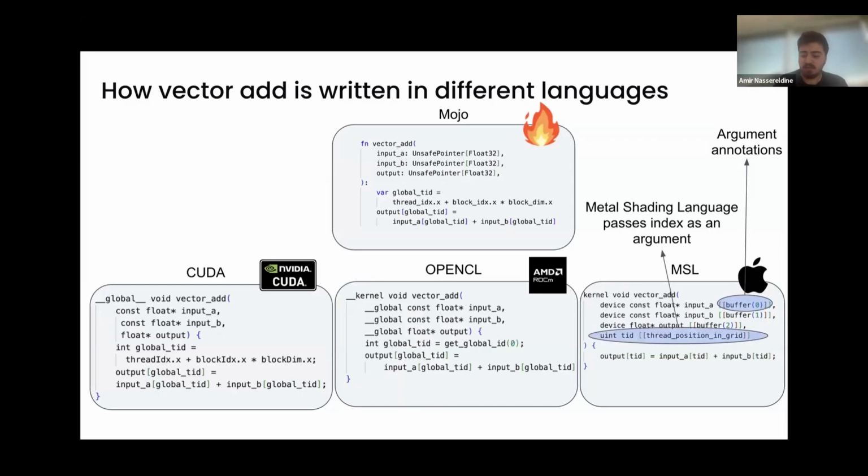And then, very differently from CUDA and OpenCL, we have to pass the thread index as part of the arguments to the function, rather than it being a global variable like in CUDA and OpenCL. So this is a shift in paradigm, but what we want is for Mojo to be able to encapsulate all three of those, and I'll talk a little later about how we handle this.